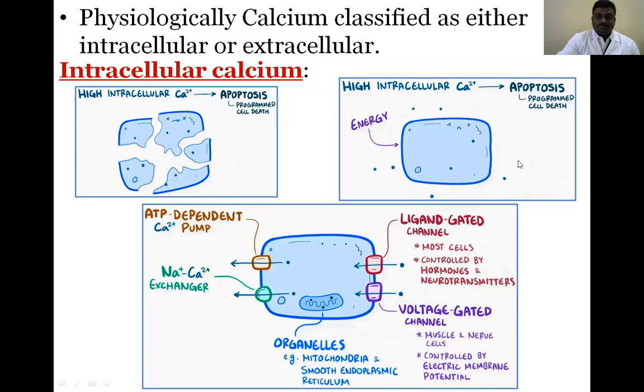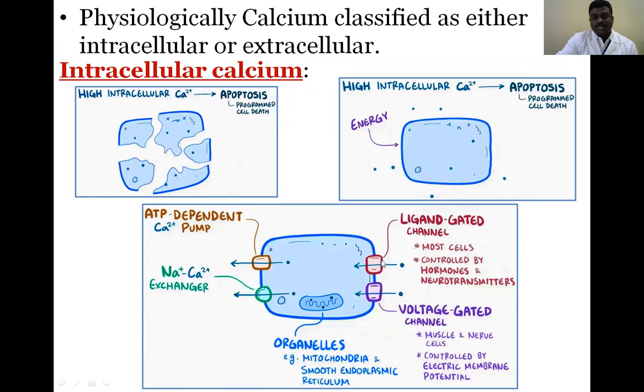Here you can see the transport mechanism of calcium between extracellular and intracellular. Calcium entering the cell depends mainly on two gated channels: one is the ligand gated channel, the second is the voltage gated channel. For calcium to enter the cell, the ligand gated channel has to open first.